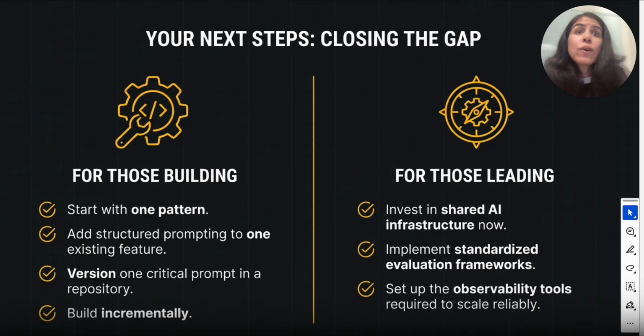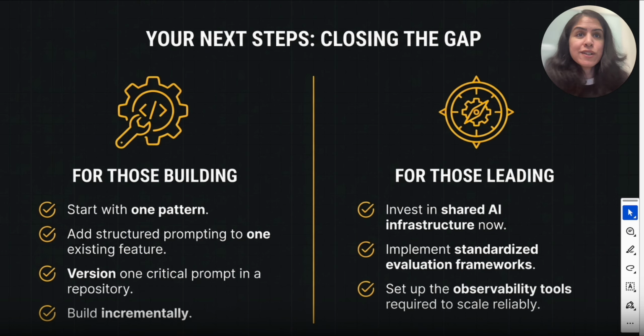So, if you are building, start with one pattern. Add structured prompting to one feature. Version one prompt. Implement basic tracing and then build incrementally.